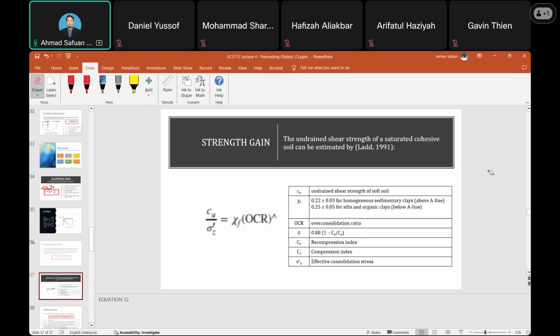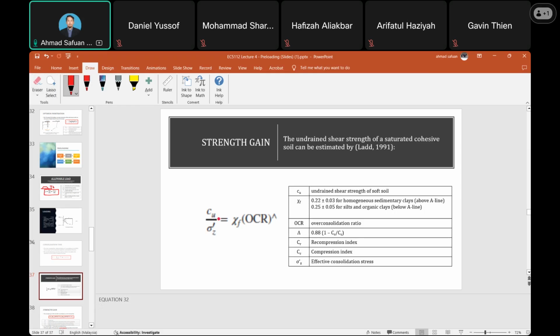So we need to calculate the strength gain after stage 1, because we need to account for the bearing capacity with the new strength gained from the preloading process.